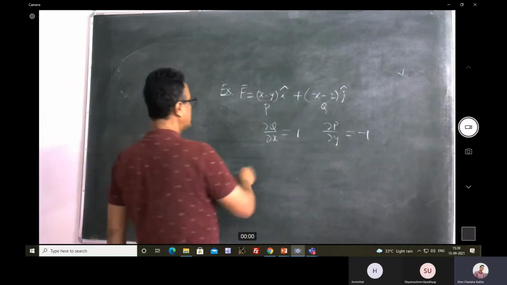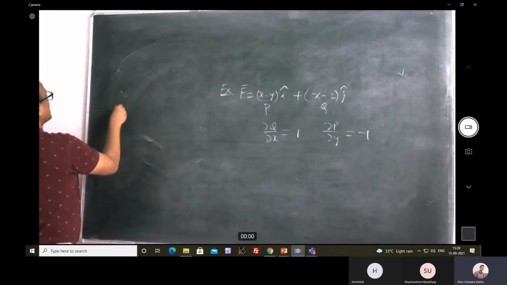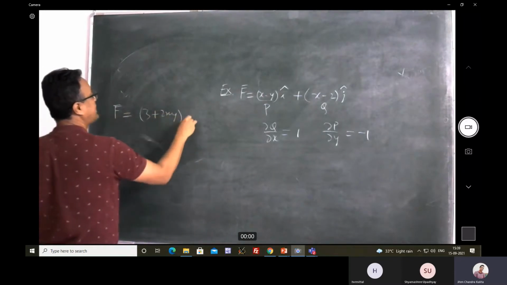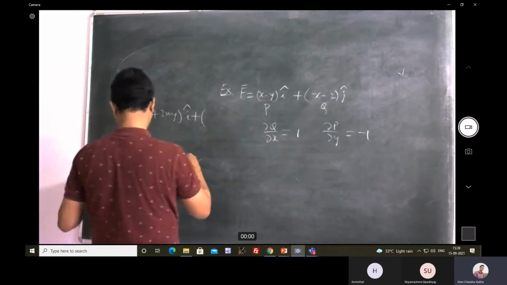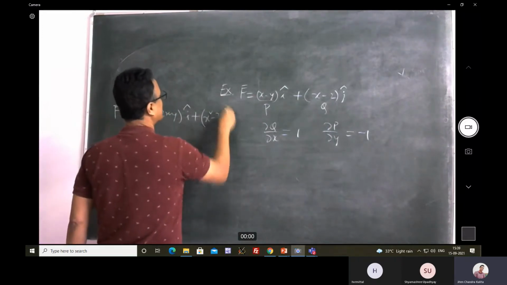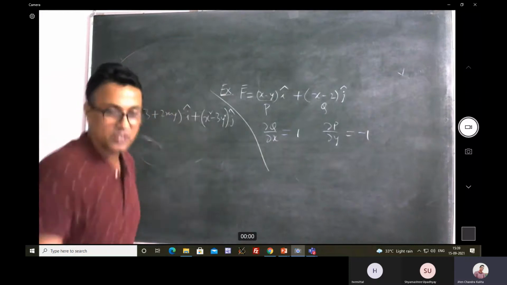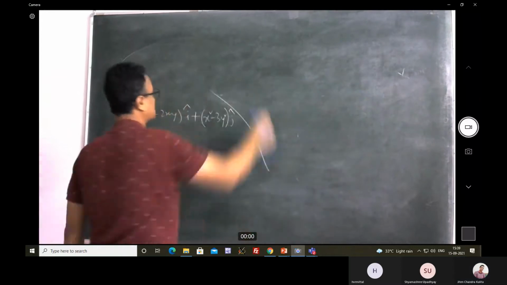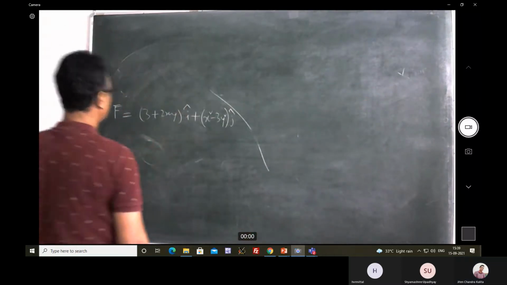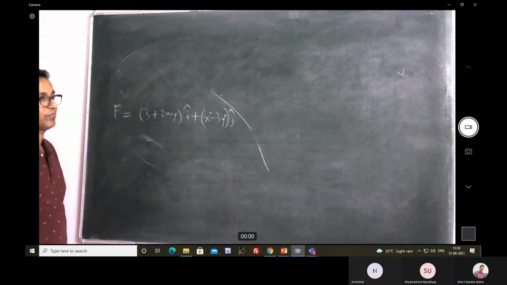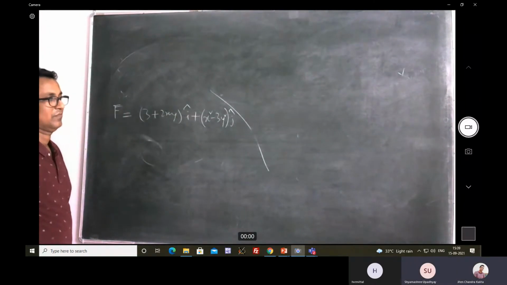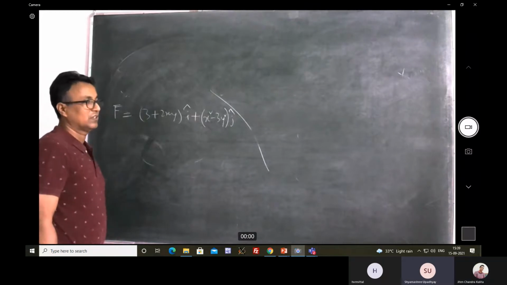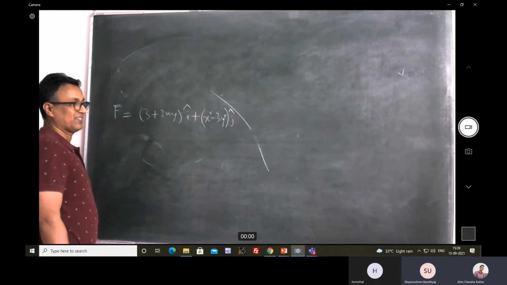Now let us consider another one. F equal to 3 plus 2xy i plus x squared minus 3y squared j. Is it a conservative vector field? The condition del p del y equal to del q del x is satisfied, but we will have to check other conditions.